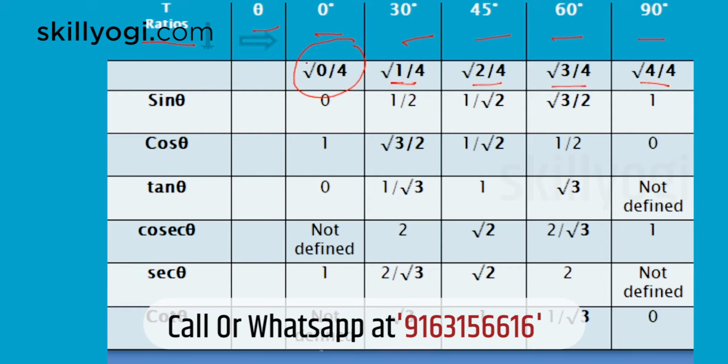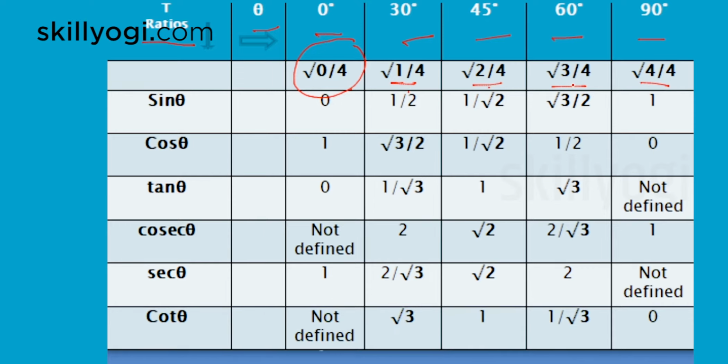Square root of 0/4, square root of 1/4, square root of 2/4, square root of 3/4, square root of 4/4. After calculating these values, what we will get, those are the values of sine theta. 0/4, 0, square root of 0, 0. This is the value of sine 0 degree.